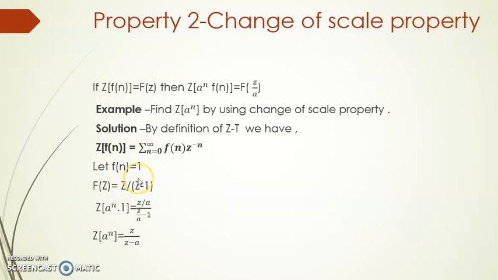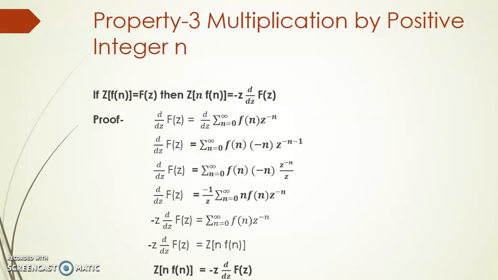So Z-transform of 1 is z upon z minus 1. Now apply the change of scale property. For Z-transform of a power n into 1, replace z by z by a. So we get the answer z upon z minus a. So the Z-transform of a power n is z upon z minus a.